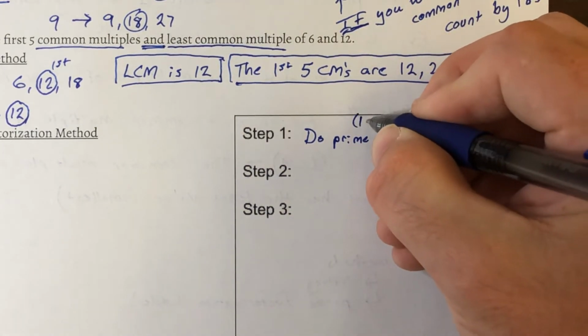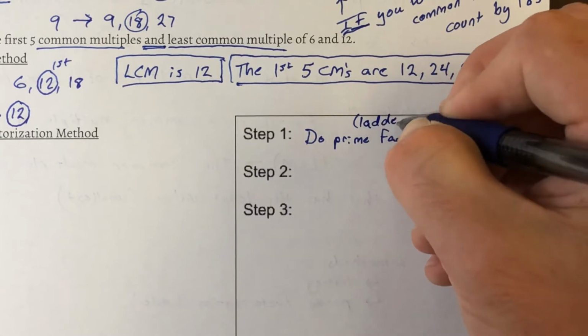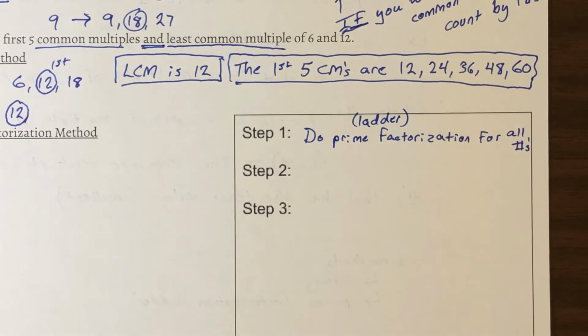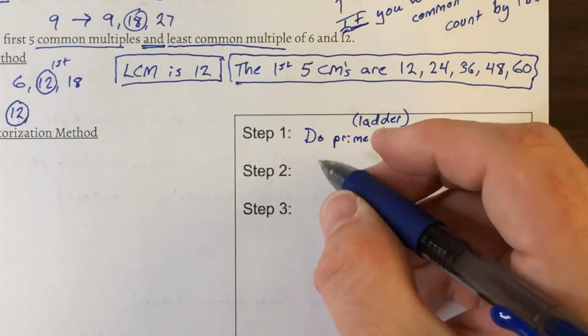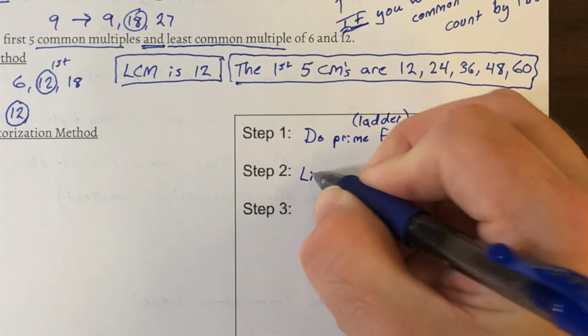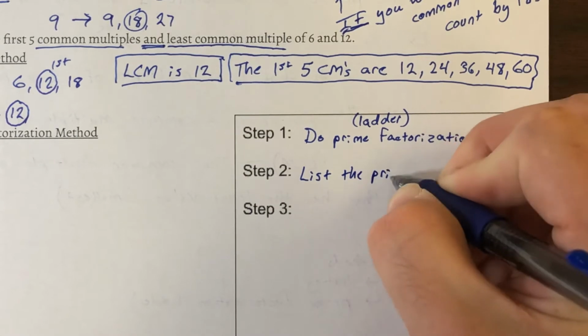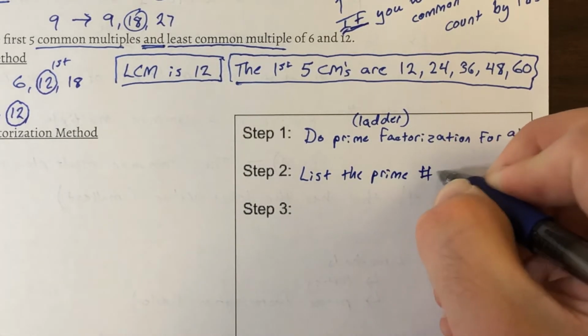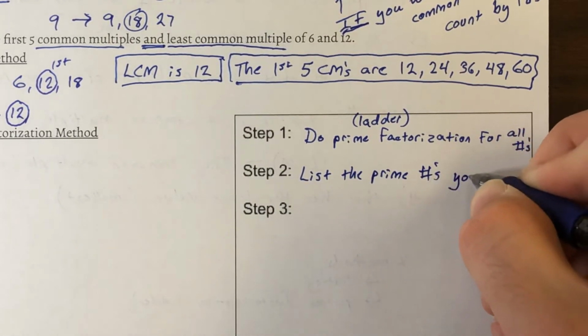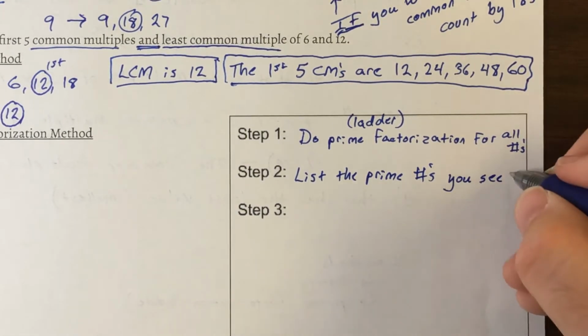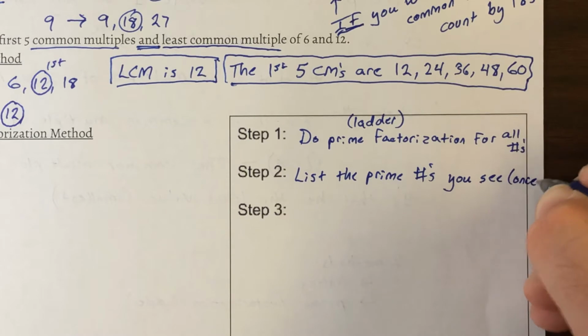Using the ladder method. Step 2. Once you have done prime factorization for all your numbers, you're going to list the prime numbers you see. Again, list the prime numbers you see. And you only have to list them once.